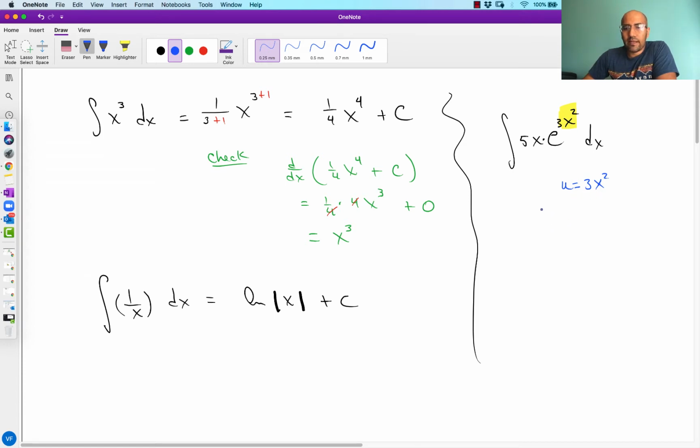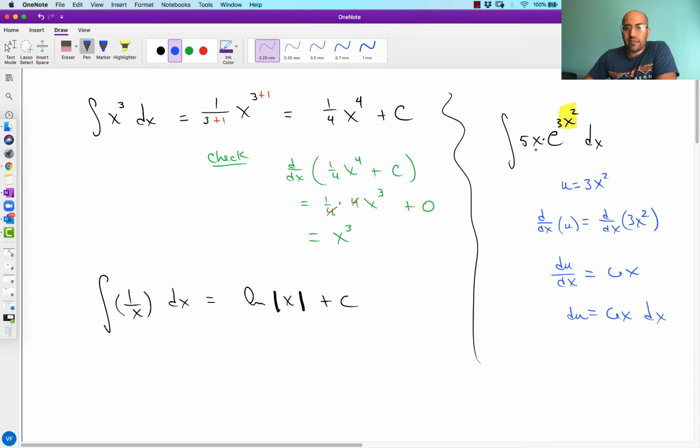Then the derivative with respect to x, du/dx, equals the derivative of 3x squared, which is 6x. And now du equals 6x dx.